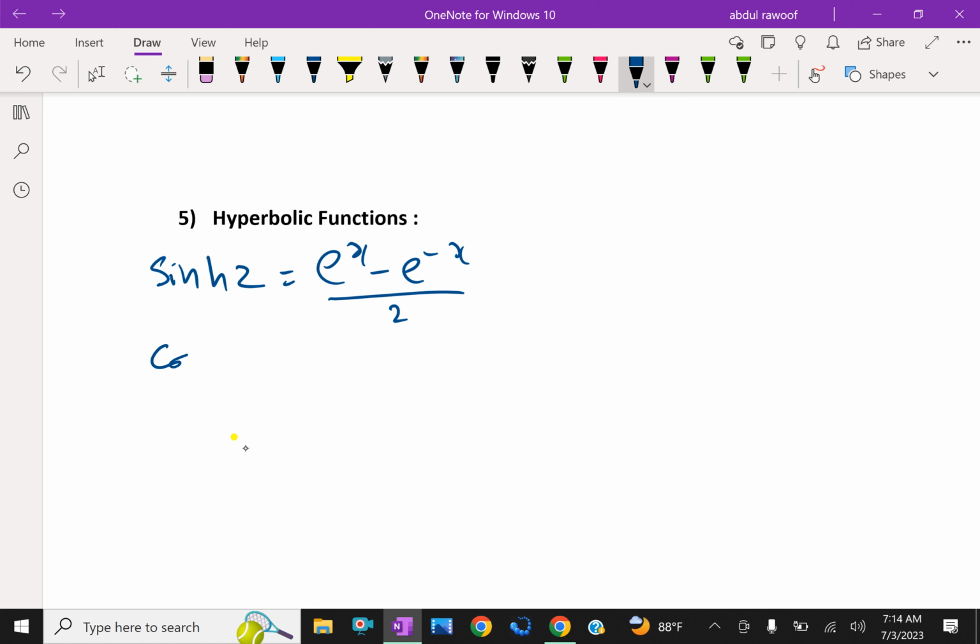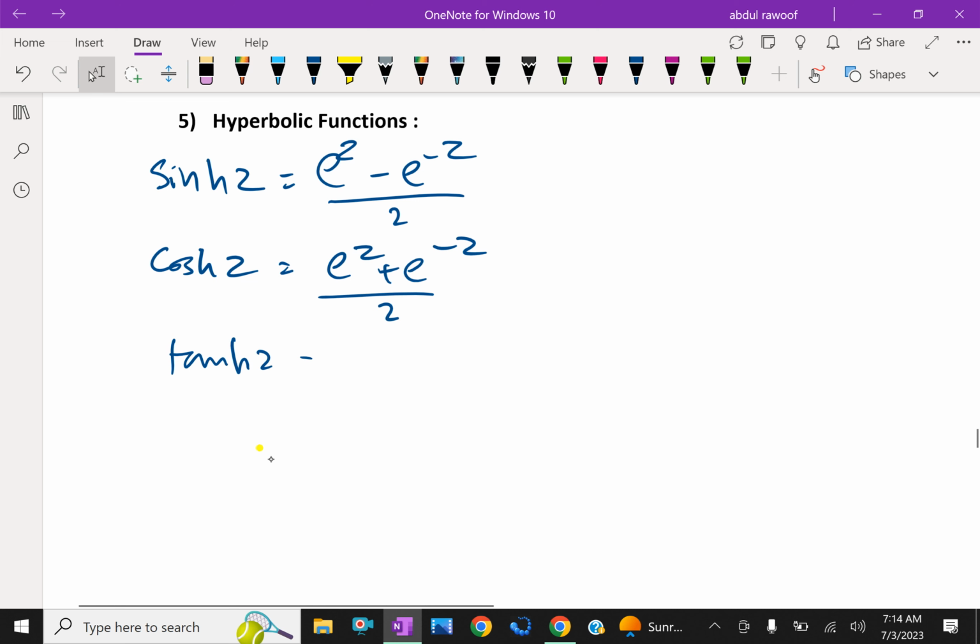Cos hz is e power z plus e power minus z over 2.